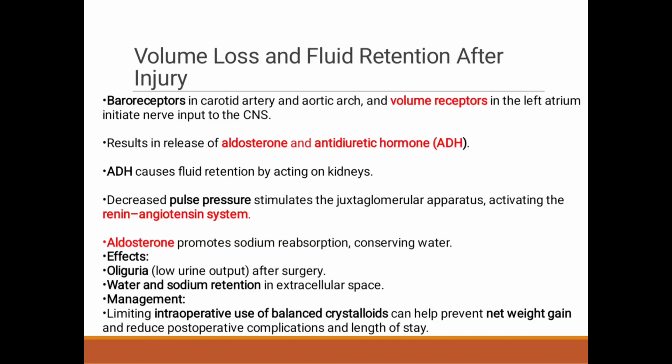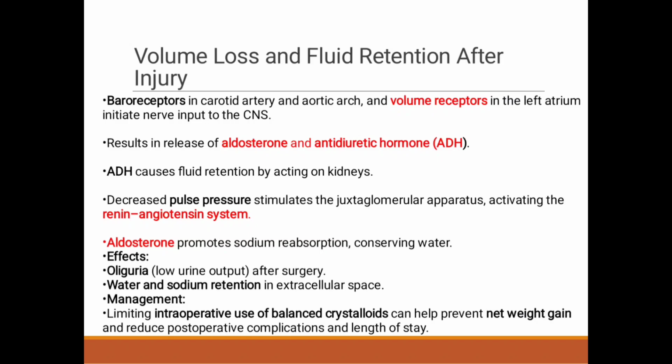And also, when the circulating volume reduces, we know there are receptors within the proximal tubules which sense the decreased circulating volume within the kidney and activate the renin-angiotensin system. The ultimate byproduct of the renin-angiotensin system is aldosterone. Renin converts angiotensinogen into angiotensin 1, and angiotensin 1 into angiotensin 2 by angiotensin converting enzyme.